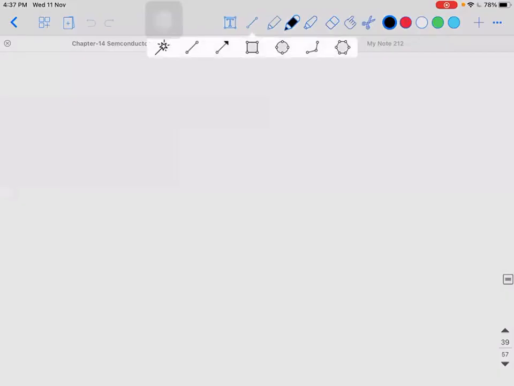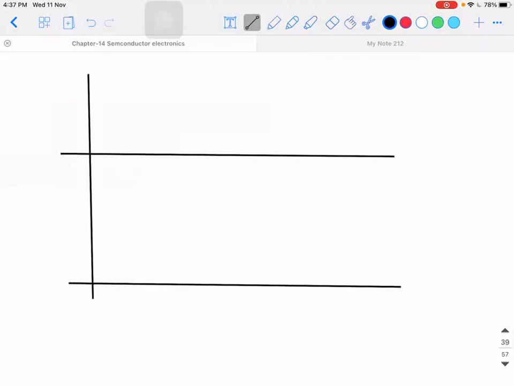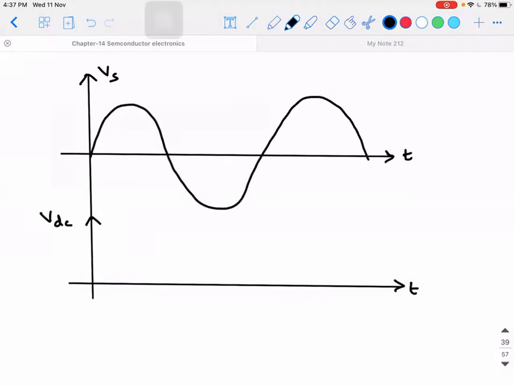So if you connect an alternating source like this, Vs, this is VDC and this is time. Okay. So when you give an input voltage like this, during the positive half of the cycle, there would have been rectification taking place.